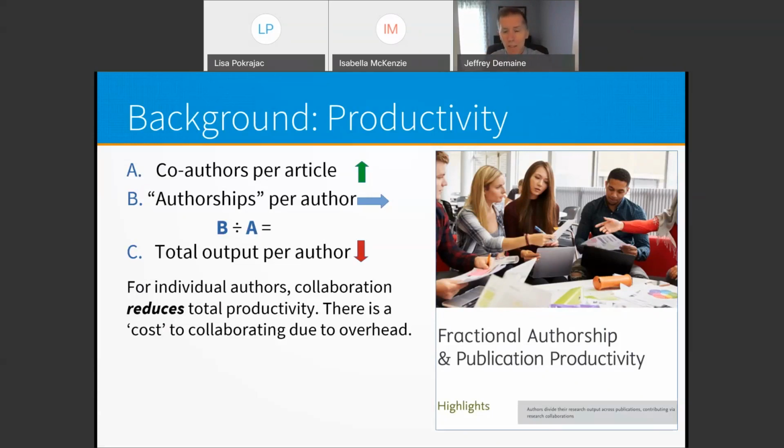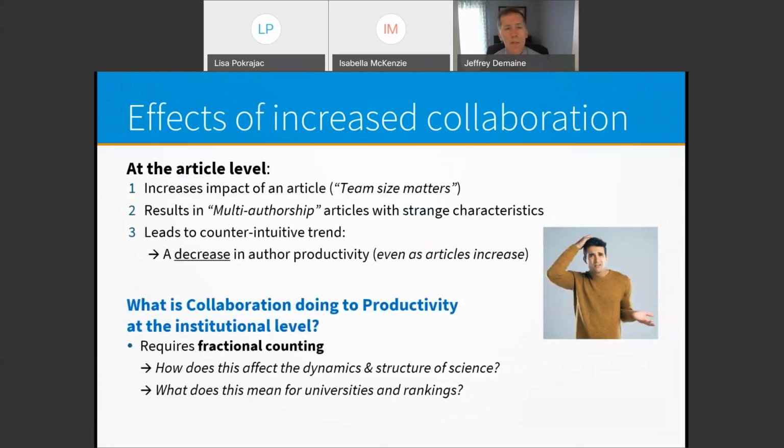Here's an even weirder one. This is not by ISI, this is by ICSR, the think tank behind Elsevier. They're looking at the productivity of authors at the individual author level in the context of collaboration.